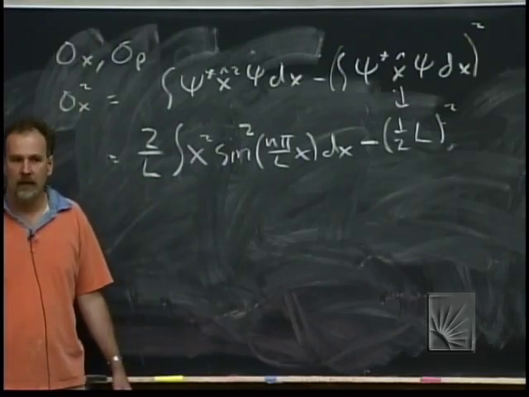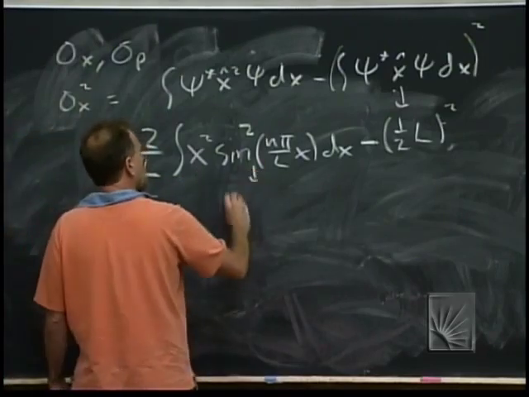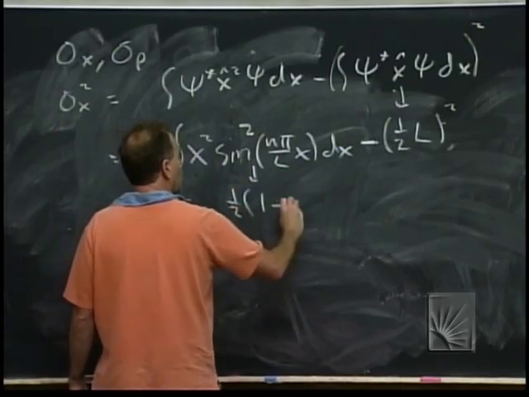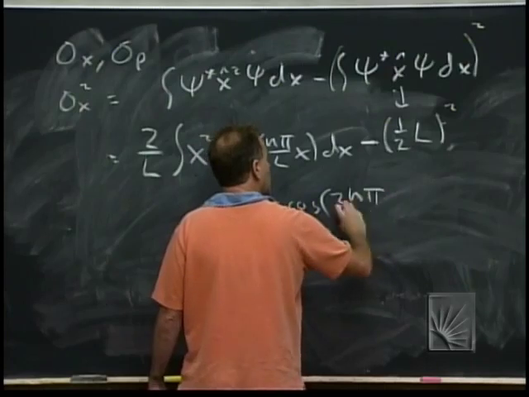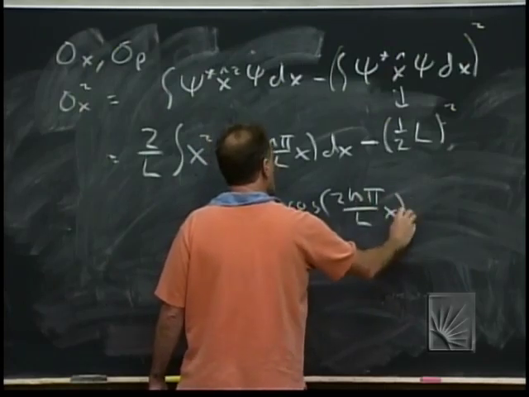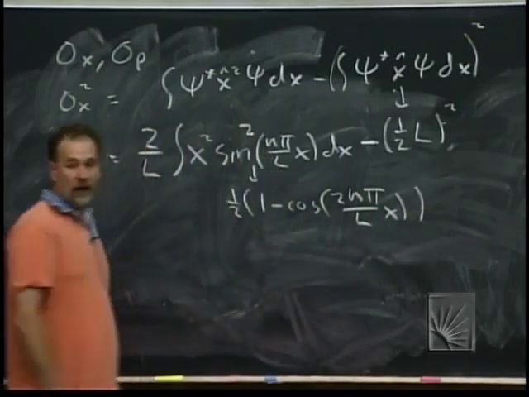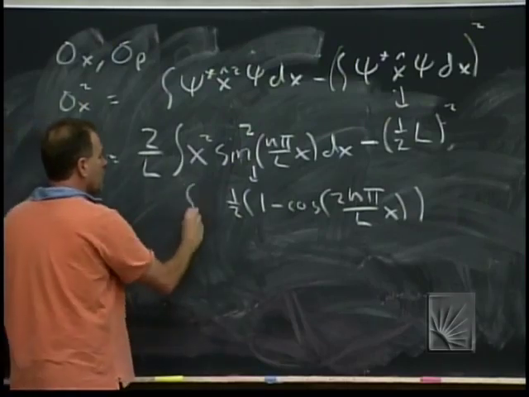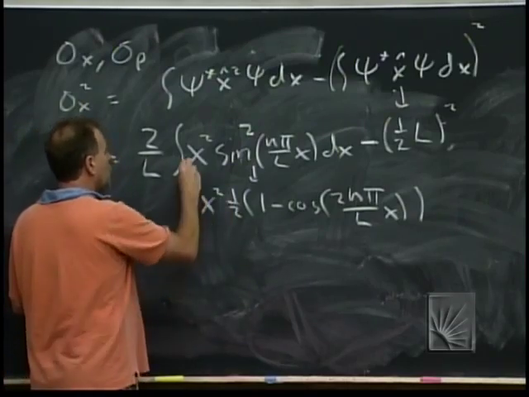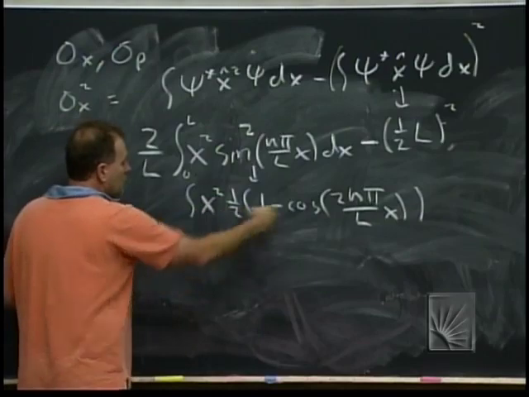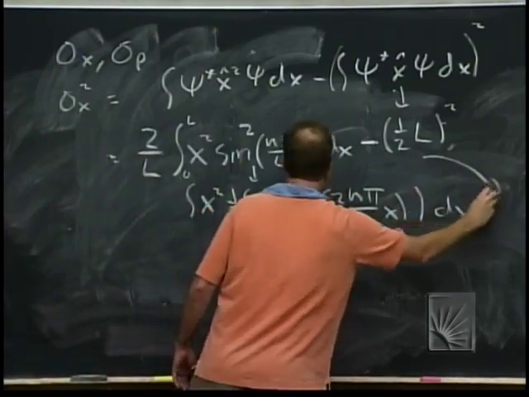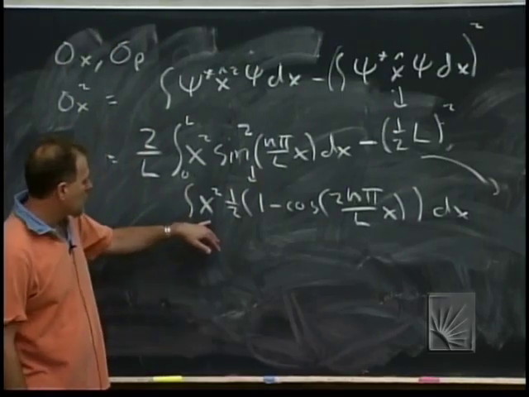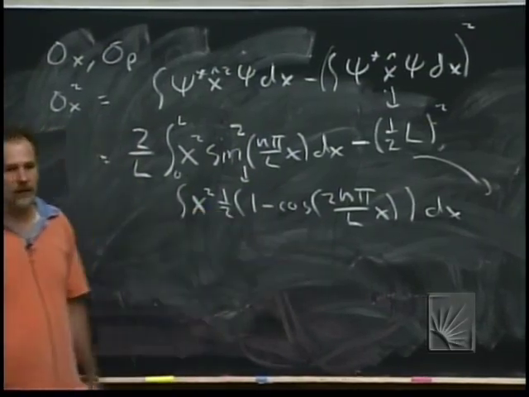As should come as no surprise, I would take 1/2 of 1 minus cosine 2n pi over L x for the sine squared. And then I've got to do the integral going from 0 to L. That's that term, there's a term there, etc. I'm not going to work this out. It's in the front of the book.